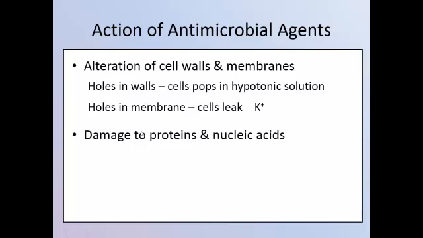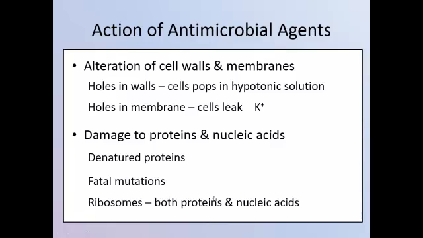The second thing is damage to proteins and nucleic acids. You've heard a lot about denaturing proteins. That's because it's important. We can use procedures to denature these proteins. They're no longer effective at doing their jobs. The cell dies. Fatal mutations: if you have a fatal mutation in the nucleic acid, you can't produce the proteins or the specific enzyme that you need, then you die.